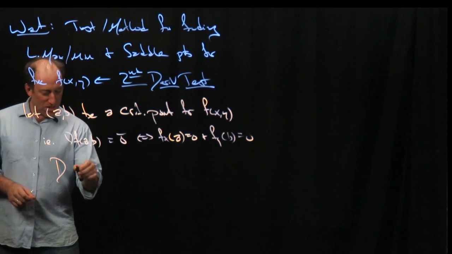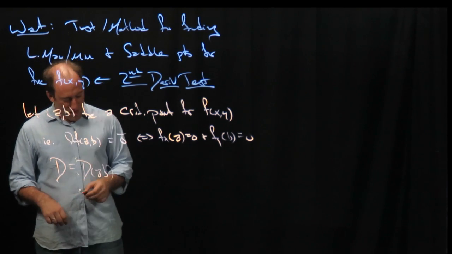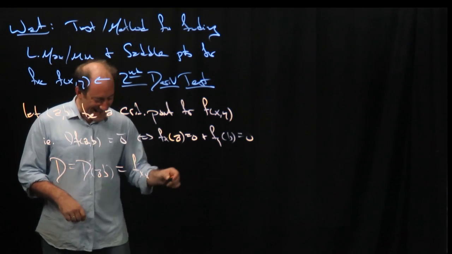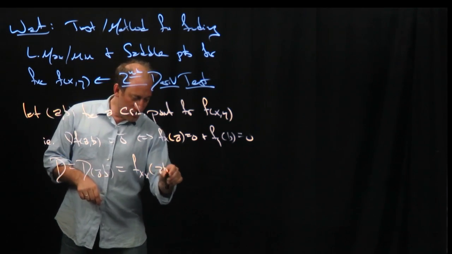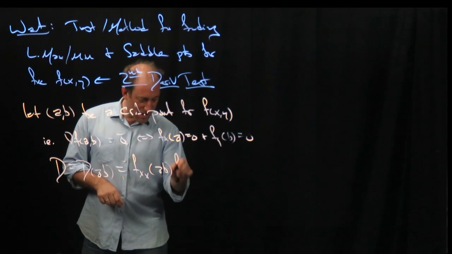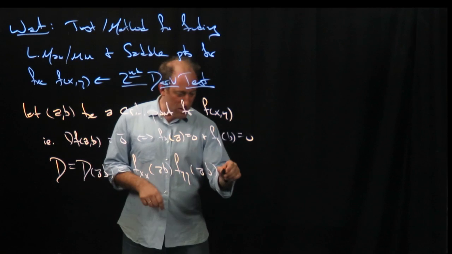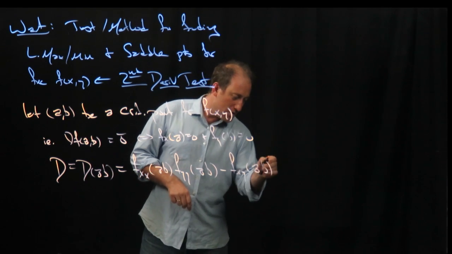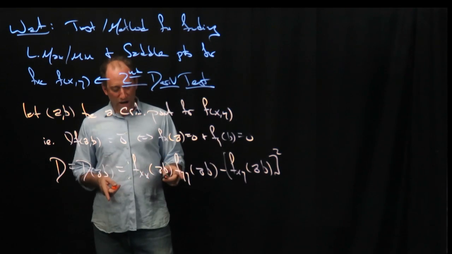Let capital D, which is a function of a and b, be equal to fxx, second with respect to x, of ab times fyy of ab minus fxy of ab squared.